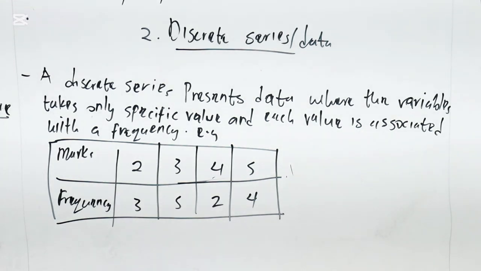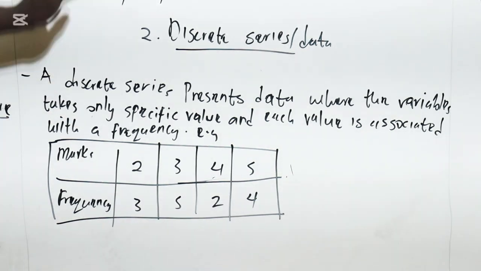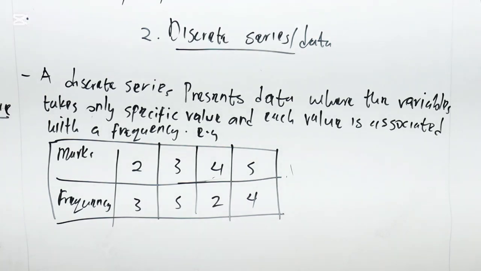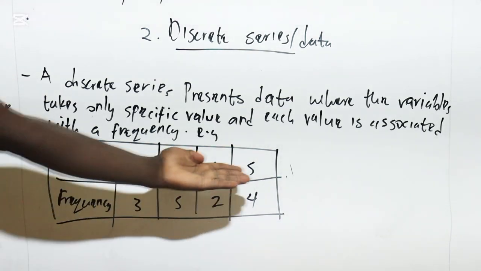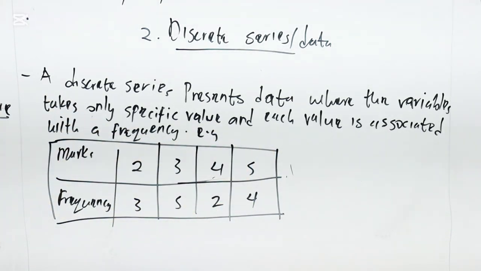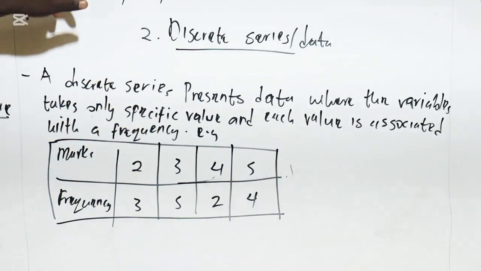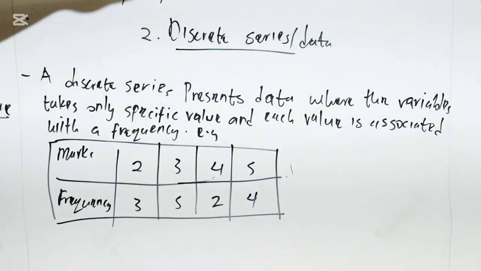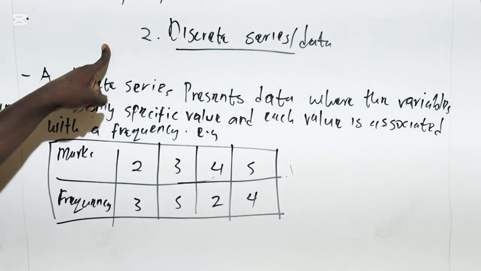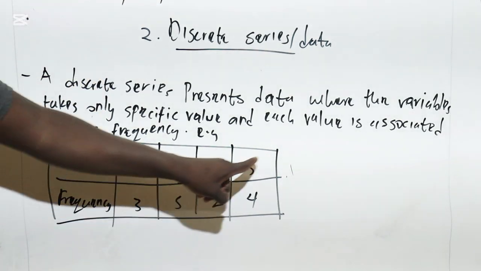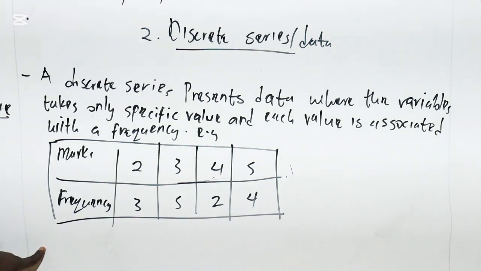Now what am I saying? From the individual series to the discrete series, we now have the individual part of the data, but it's now associated with what? Frequency. With the individual series, there was no association. It was listed separately without any grouping or frequency. But in discrete, there must be individual data, but it must be associated with frequency.